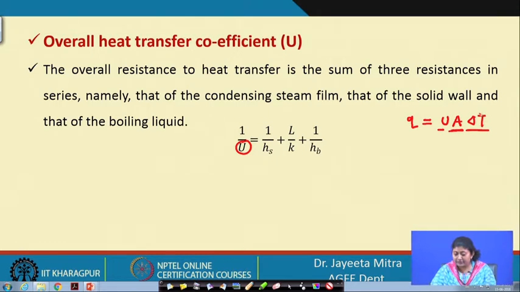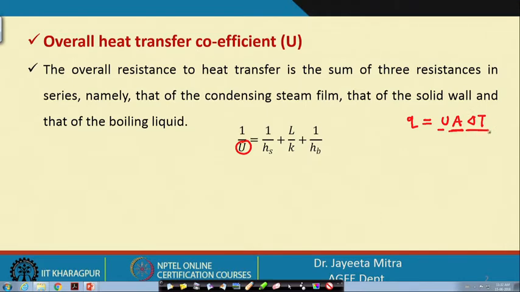So, this is basically the difference between the steam that is condensing and the liquid that is boiling. That temperature difference is designated by delta T.